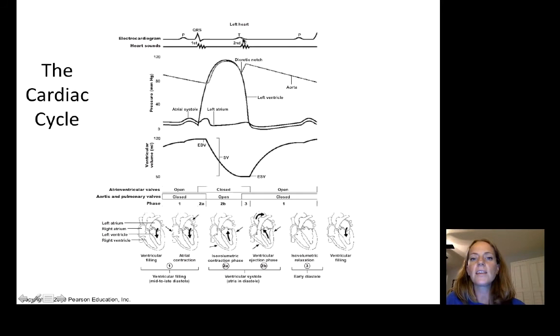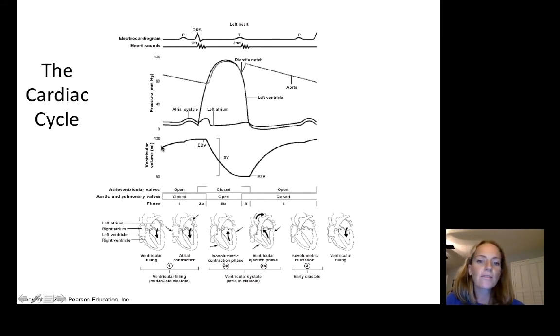Then you have a T wave, which is the ventricular relaxation. Everything resets until you get another P wave. So the atria contract caused by the P wave, the ventricles contract caused by the QRS wave, the ventricles relax caused by the T wave, and then everything resets.